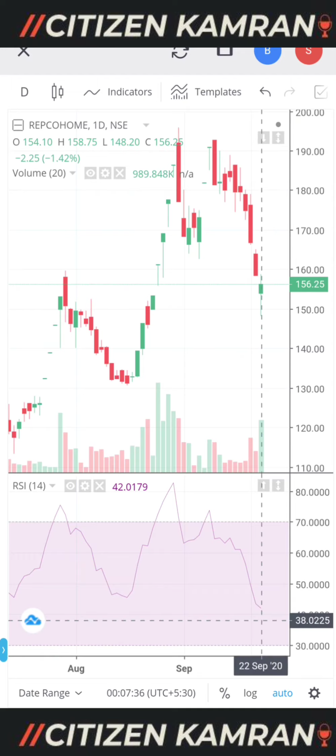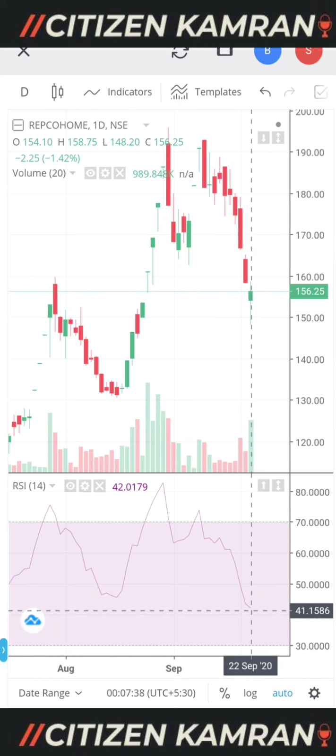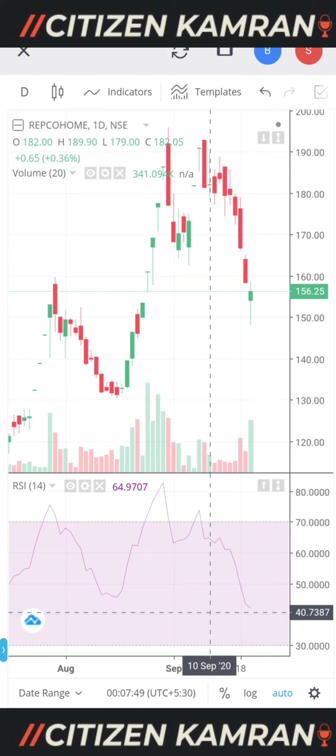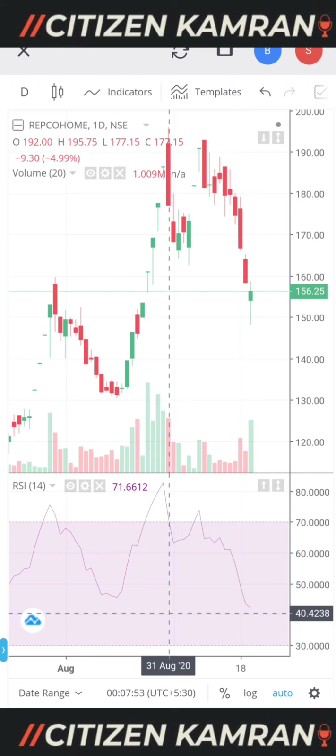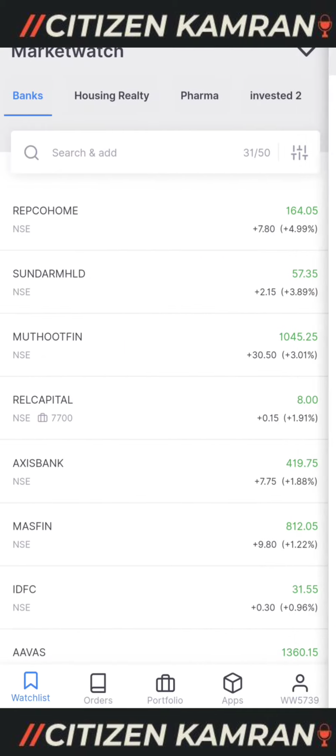The lower the RSI means more people are selling. It can go even further down, or you can use it to buy. When RSI goes high, usually people sell. If you see where the prices are high, RSI is high. Where prices are low, RSI is low. So I come back.